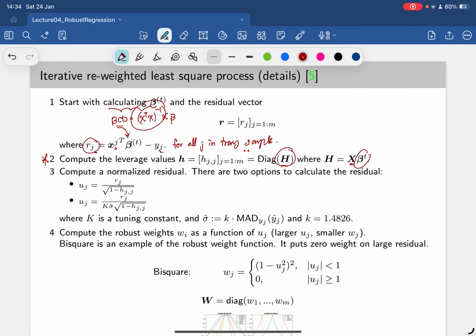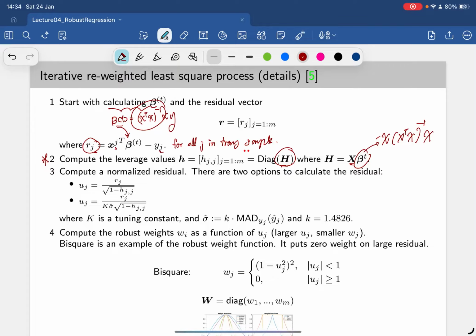So that hat matrix is simply, sorry, that should be Y, not beta. That's simply X times X transpose X inverse X transpose, right?